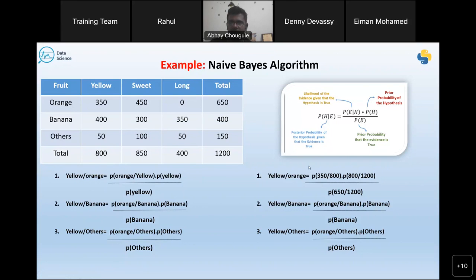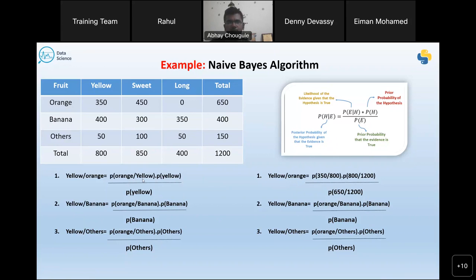I have added here one example with the orange. Yellow orange is equal to probability of 350 divided by 800. See, I have taken an example. So what is the formula?